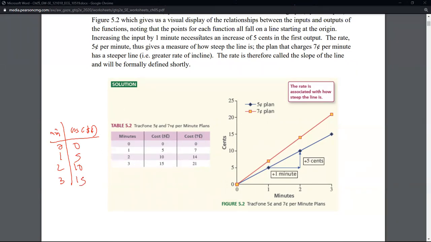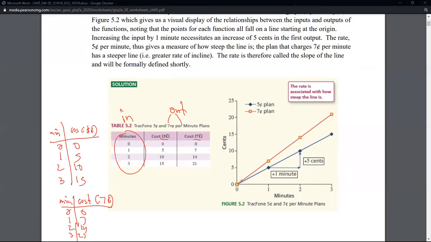And then you could have the other one, which I'm not changing the colors, the cost for the 7 cent plan. 0 costs 0, 1 costs 7, 2 costs 14, 3 costs 21, you get the idea. These are 2 independent tables of values, but it's still fine to do it this way. It's just when you have it this way, it looks more like an Excel issue where this is your input and these are your outputs based on the different costs.